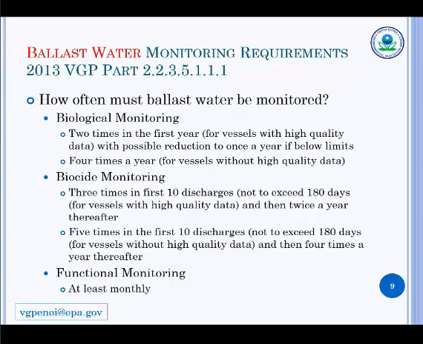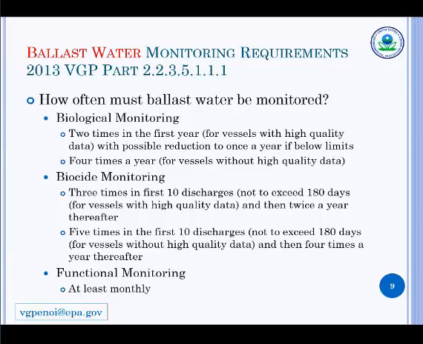For vessels that have high-quality data and that sample for 2 years and show results below the effluent limits, monitoring can be reduced to once a year thereafter. Biocide monitoring is required to be performed 3 to 5 times in the first 10 discharges, with the frequency again dependent on whether high-quality data are available. And finally, functional monitoring is to be performed at least monthly when the vessel is discharging ballast water in U.S. waters.